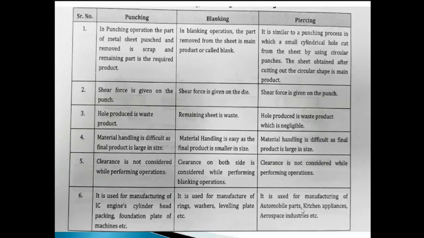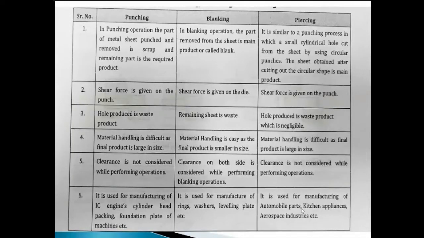And last, clearance is not considered while performing the operation in case of punching. In case of blanking, clearance on both sides is considered while performing the blanking operation. And in case of piercing, clearance is not considered while performing the operation.